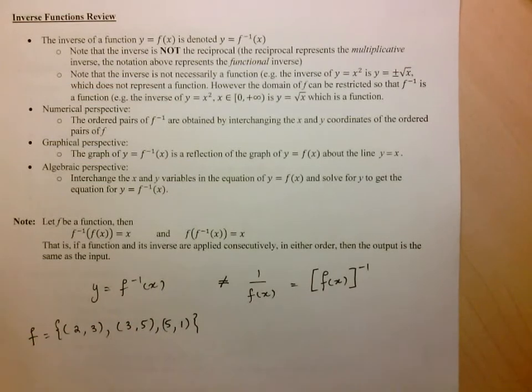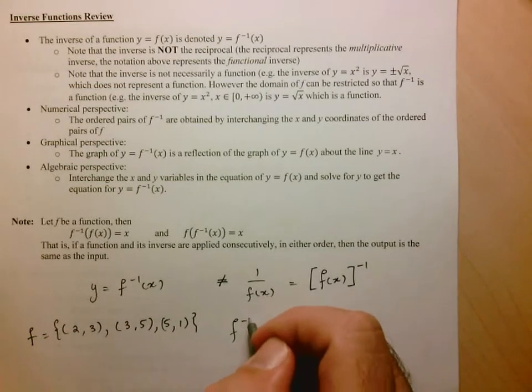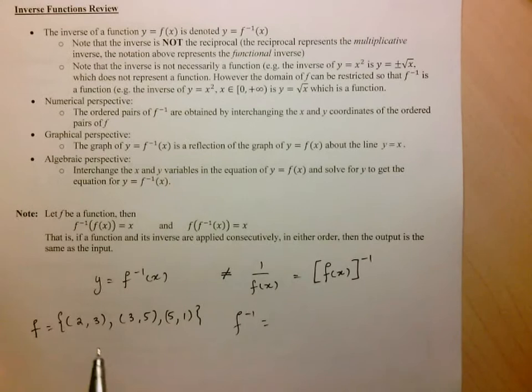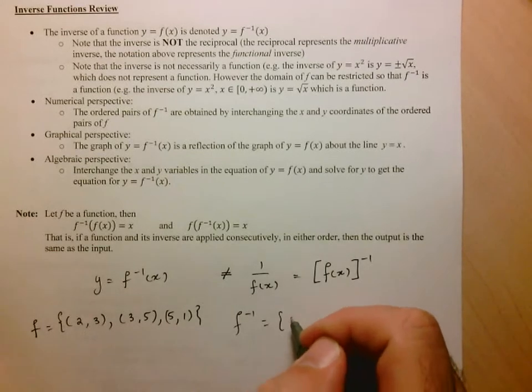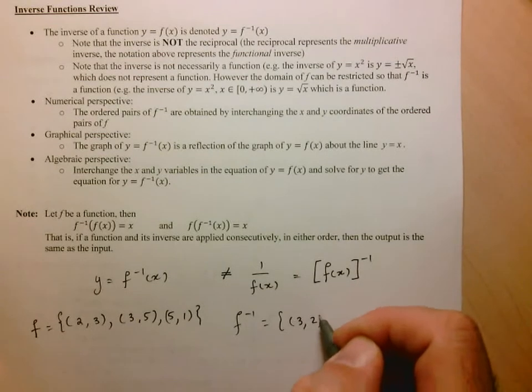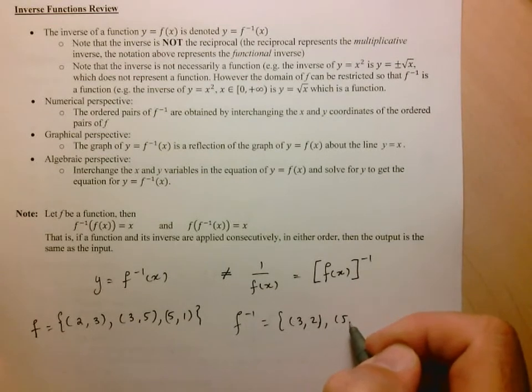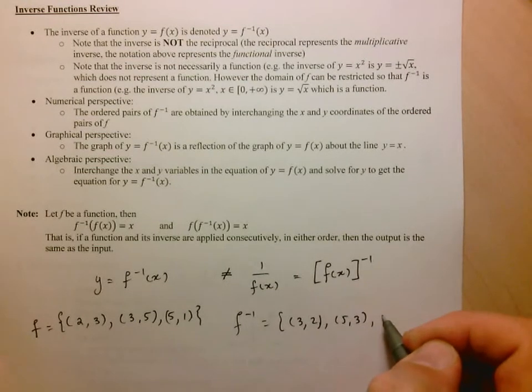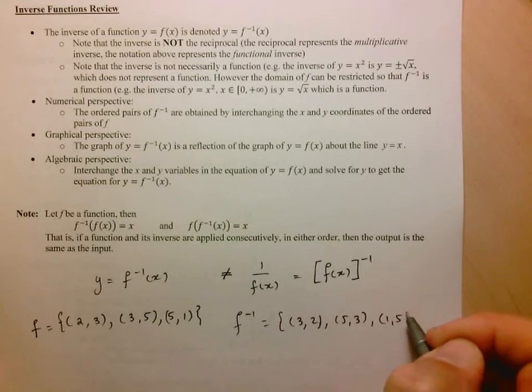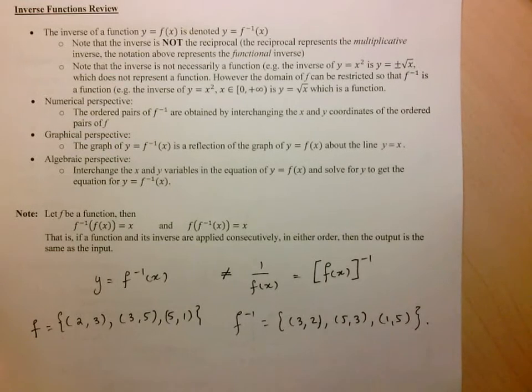If that's what f is equal to, then f inverse is gotten by reversing the x and y components. So f inverse would be (3, 2), (5, 3), and (1, 5). The inverse is just gotten by interchanging the x and y values.